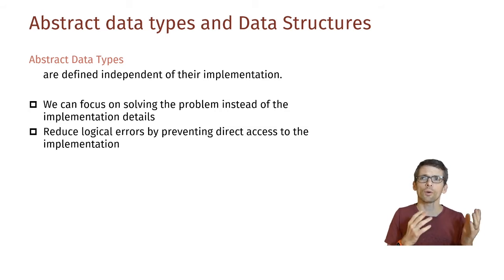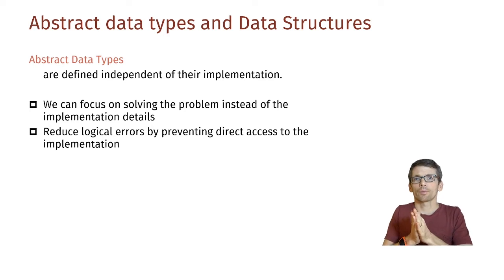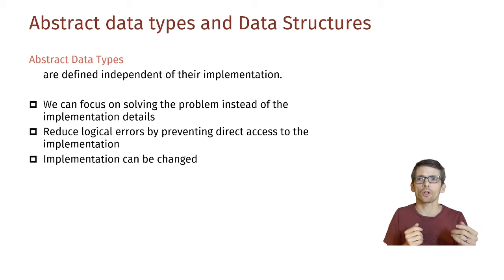It also avoids logical errors when we program using the abstract data type, because then we don't think about the data structure and various methods that it has, but in the example of searching, we're simply going to use it to search.